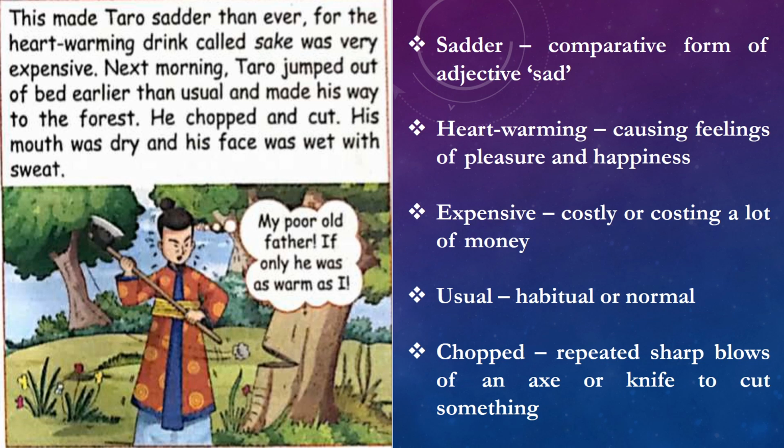My poor old father. He was continuously thinking about his father, that because of my poverty, I am unable to fulfill the desire of my father. He was thinking that if only he was as warm as I. Meaning he was wishing that my father would also be as warm as I am right now.